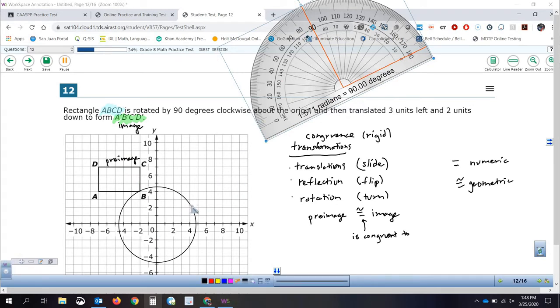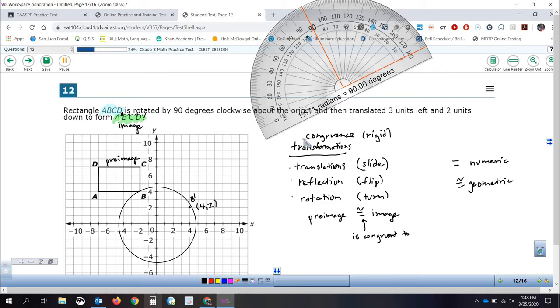My circle's just ever so slightly off. Usually the first one would be B prime, and then the next one would be B double prime. So I'm going to call this one B prime and pretend that these are double primes.